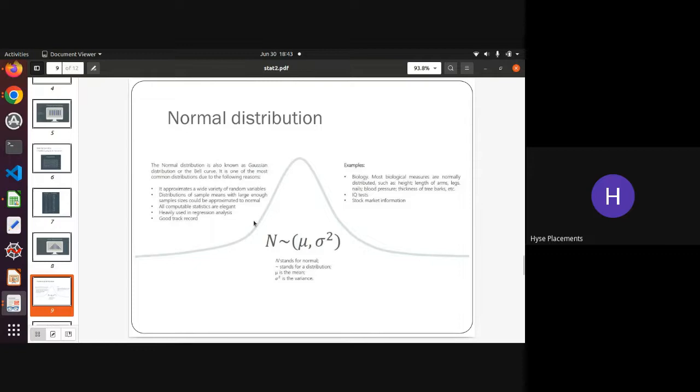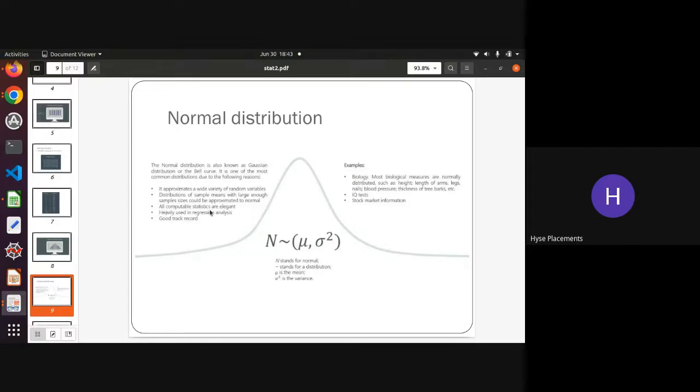Distributions of sample means with large enough sample sizes could be approximated to normal. I'll show you how to approximate that after this slide. All computable statistics are elegant, I mean, they're perfect.